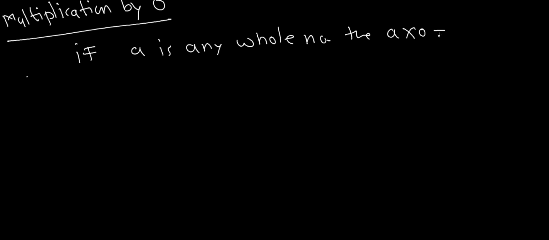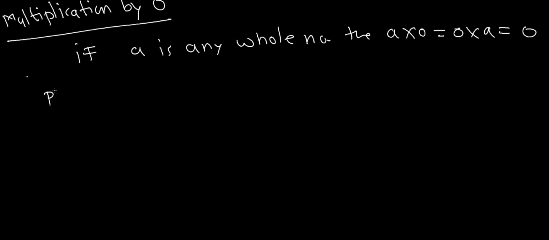Now multiplication by 0. What happens if we multiply a whole number by 0? Yes, this is a property. This can feel obvious, but this is a property. So if a is any whole number, then a into 0 is 0, or 0 into a is 0.